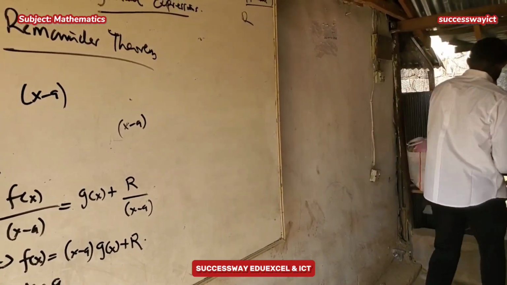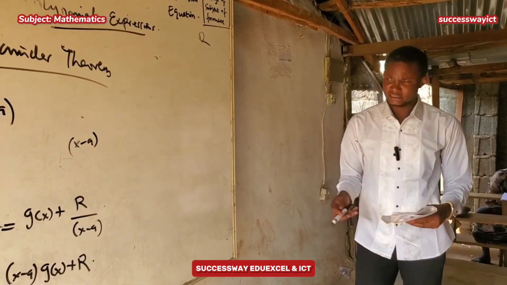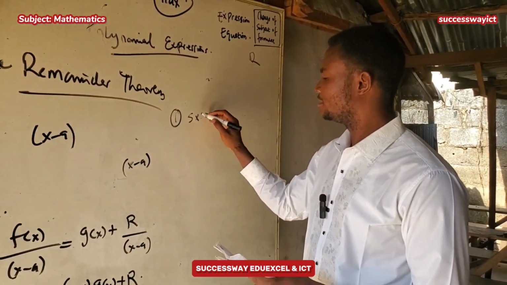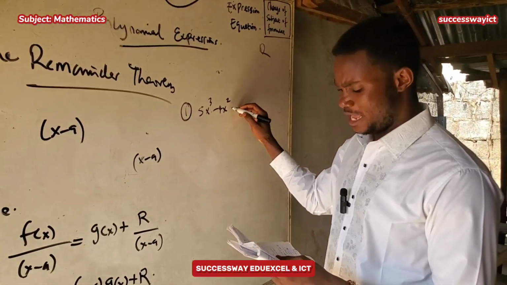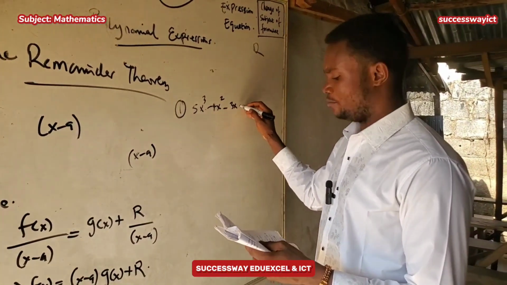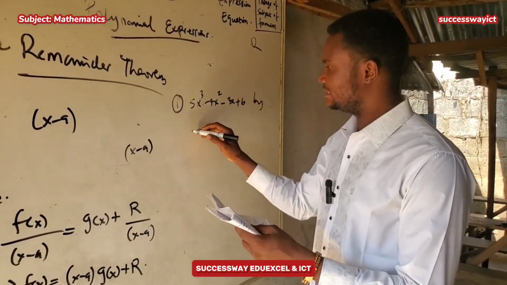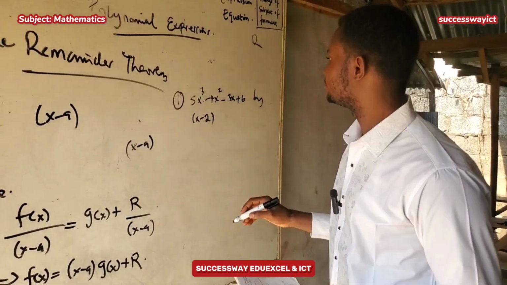Example. Divide 5x cubed minus 4x squared minus 3x plus 6 by x minus 2.